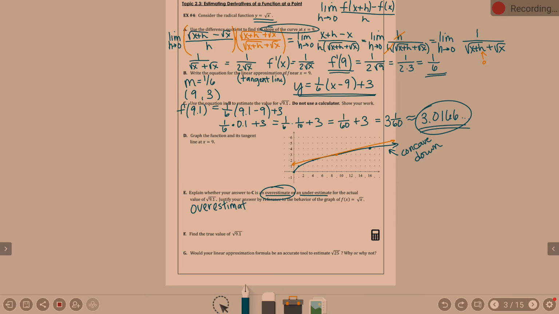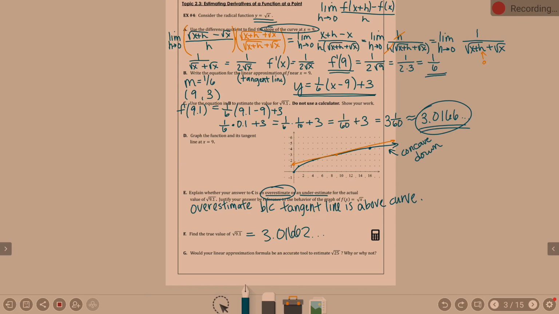I'm going to say overestimate because the tangent line is above the curve. Gosh, that was sloppy.